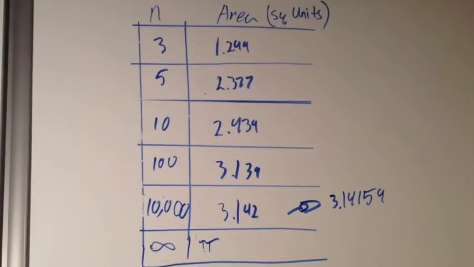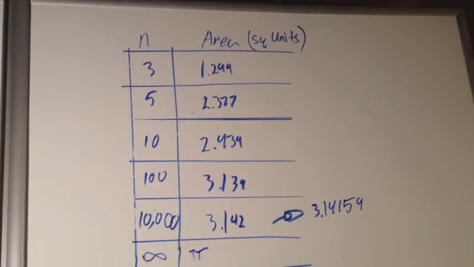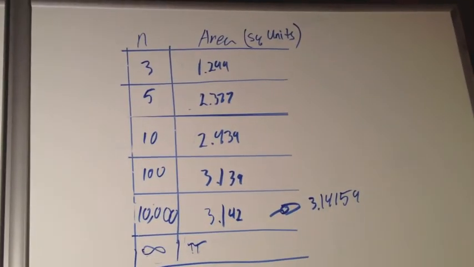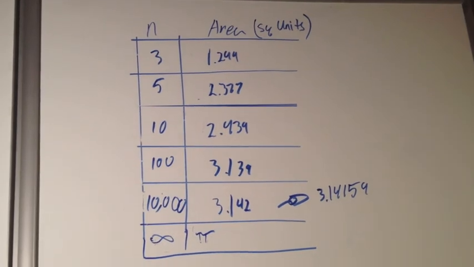And since a circle is a polygon with unlimited sides, if we were to plug in infinity for n, we should get the value of pi as the area of our polygon.